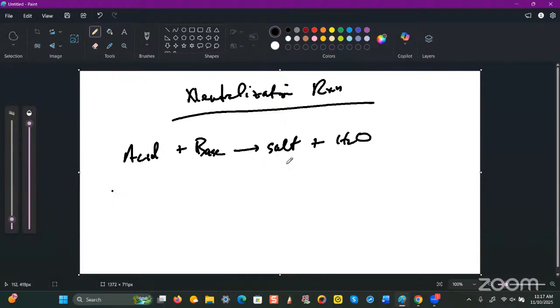So, for example, hydrochloric acid is, of course, an acid, and sodium hydroxide is a base.